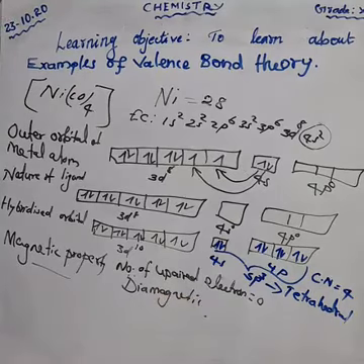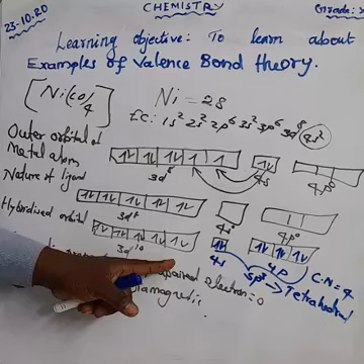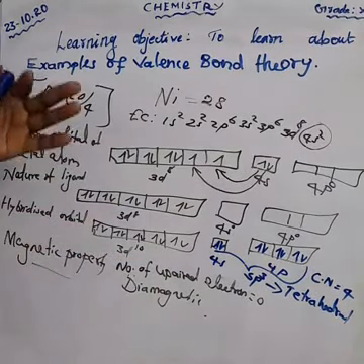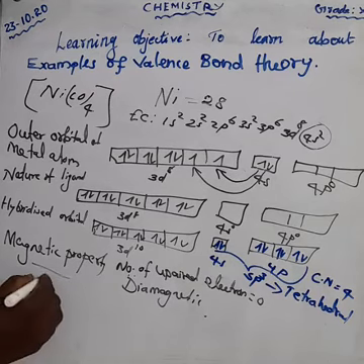Why is it diamagnetic? Here all electrons are paired. So how can you calculate the magnetic moment?